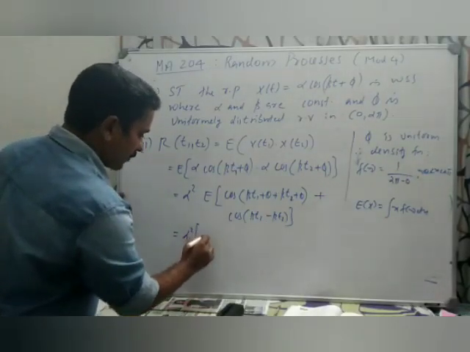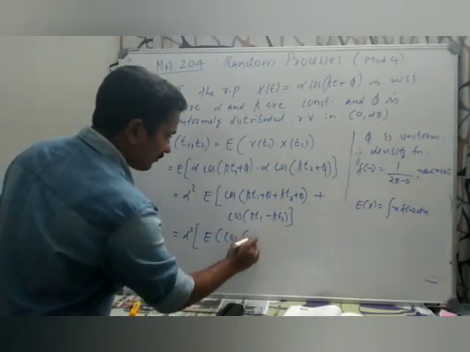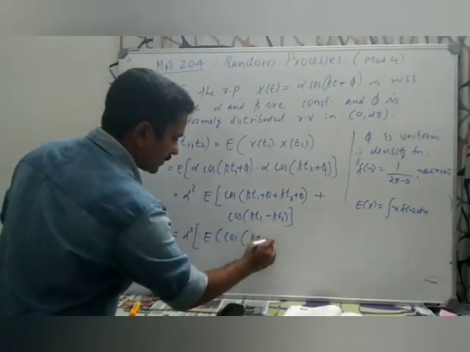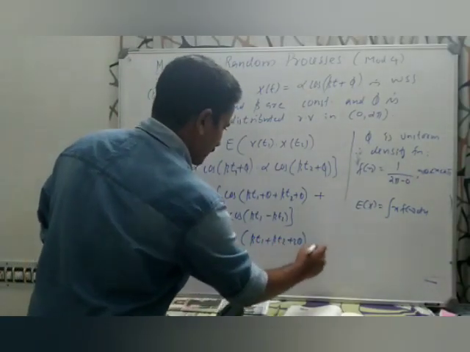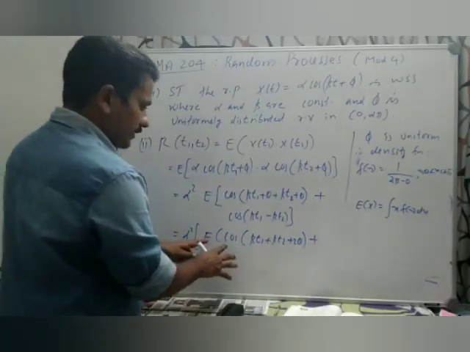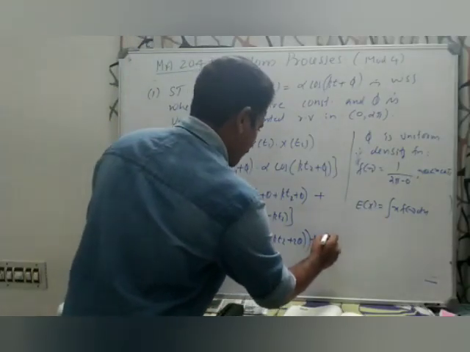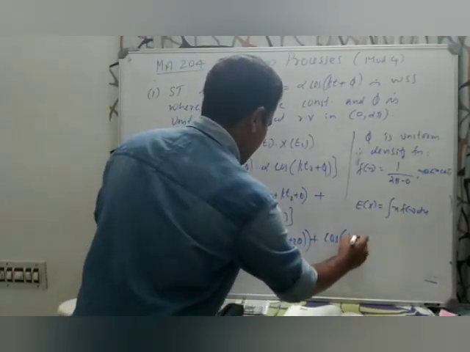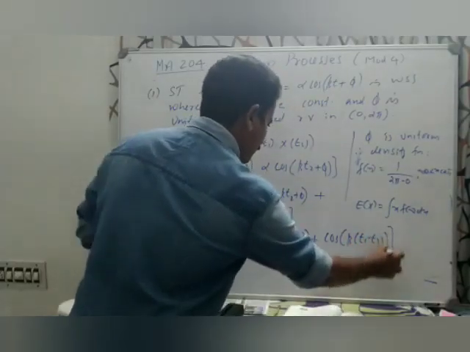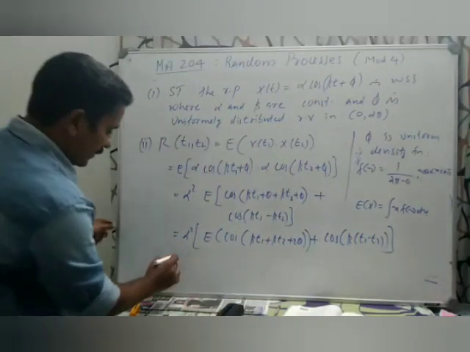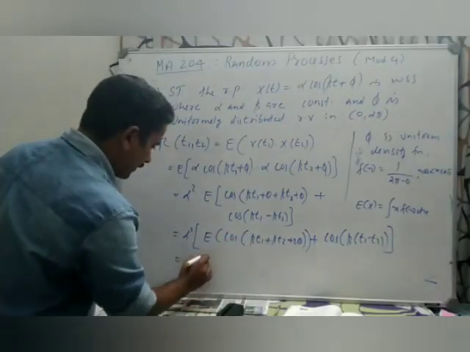Okay, so the first part will be the expectation of cosine of beta t1 plus beta t2 plus 2 theta, plus, and no need to take the expectation over here because this is a constant, it's just cosine of beta times t1 minus t2. Okay. Now, as in the previous case, we can find the expectation of this one using an integral.